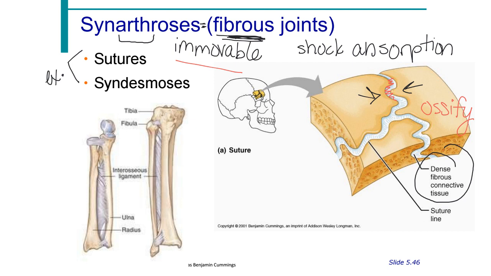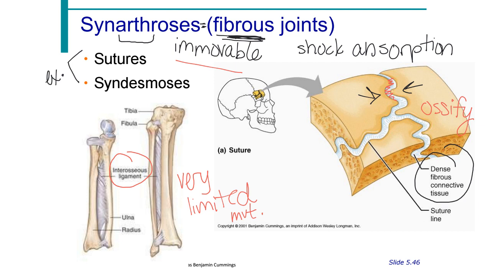Our second example here is a syndesmosis. A syndesmosis is held together by a dense fibrous tissue band. You can see it here, this interosseous ligament. That's a big, huge band of fibrous tissue. And so there's very limited movement with a syndesmosis, not completely immovable, but you're talking almost like a squishing feeling.